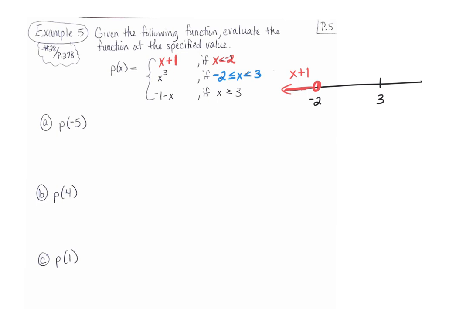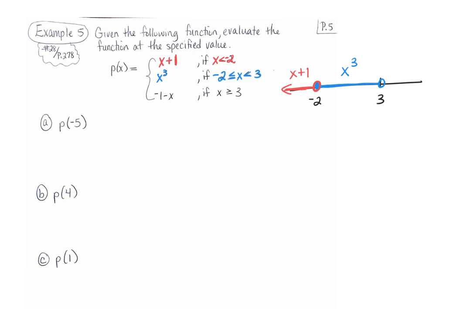Which means this will fill the circle in. And it will go out to 3. At 3, will it be a closed or open circle here? Open, very good. Because it's strictly less than. So that means we have x cubed.